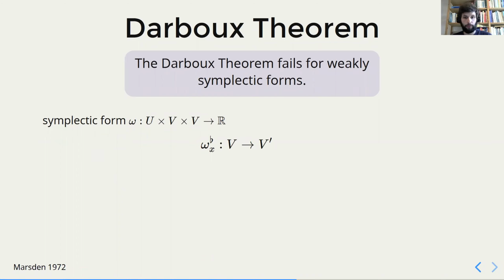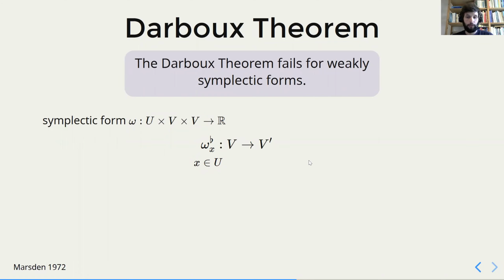So what can go wrong is that if the Darboux theorem holds, then this omega flat that you consider here as a family parameterized by some points has to be constant. Because if the Darboux theorem holds, then you find a diffeomorphism which conjugates essentially this omega flat, and then you see that the range of this map has to be constant in particular.